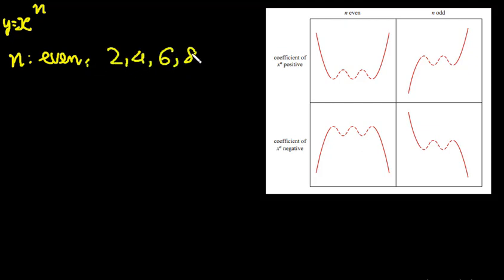Now I will give some general rules for the shape of the curve. For the equation y equal to x to the power n, when n is an even number, like 2 or 4 or 6 or 8, etc. Both ends, you see that here, this one is called an end, this one is called an end.